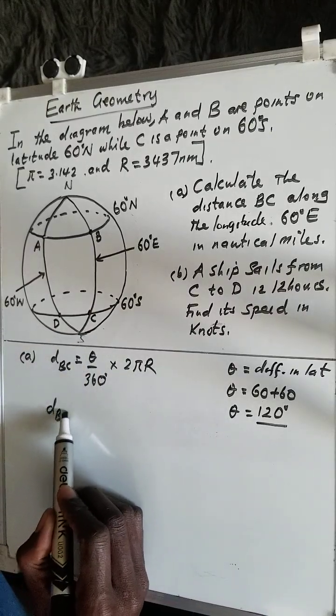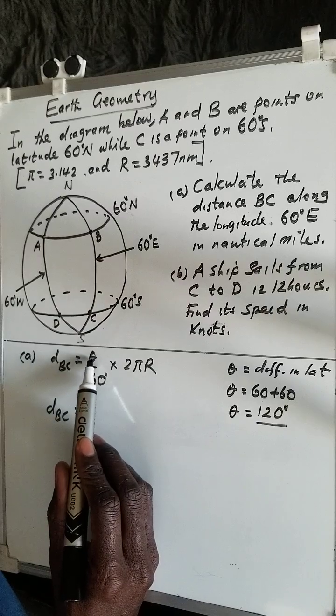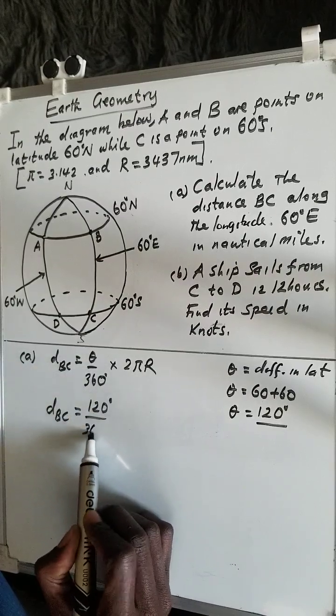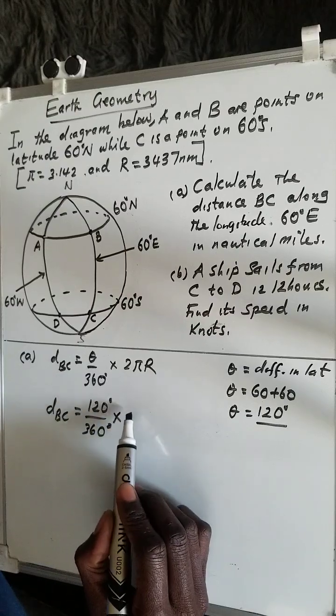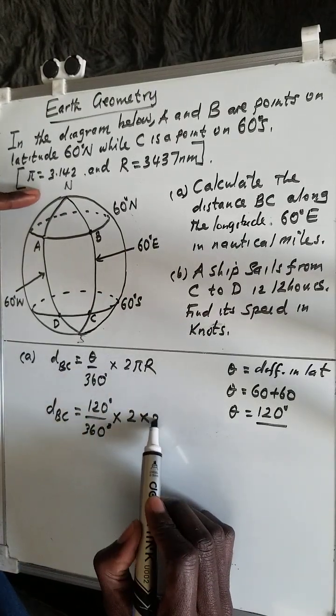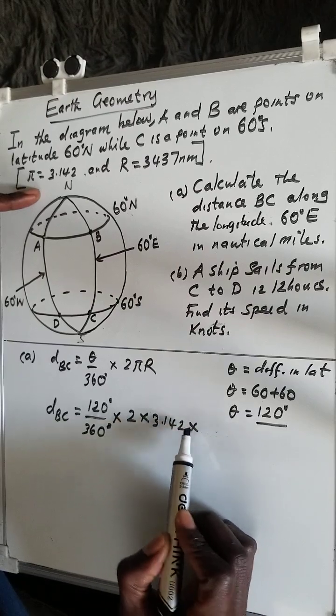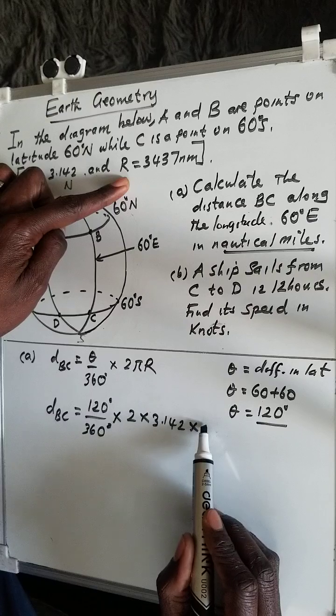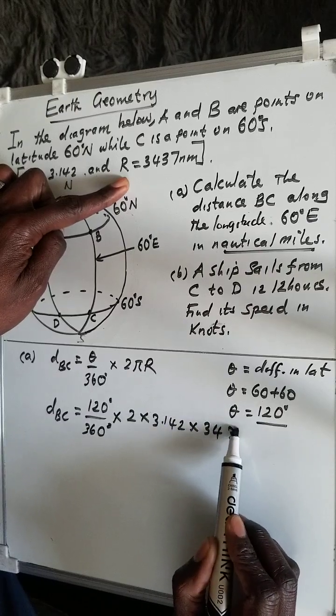So therefore, what we need to do now is simply to replace in the formula. The distance BC will be 120 degrees over 360 degrees multiplied by 2 pi. They have given us that we use 3.142, and because they want you to find it in nautical miles, they have given you the radius in nautical miles, which is 37.